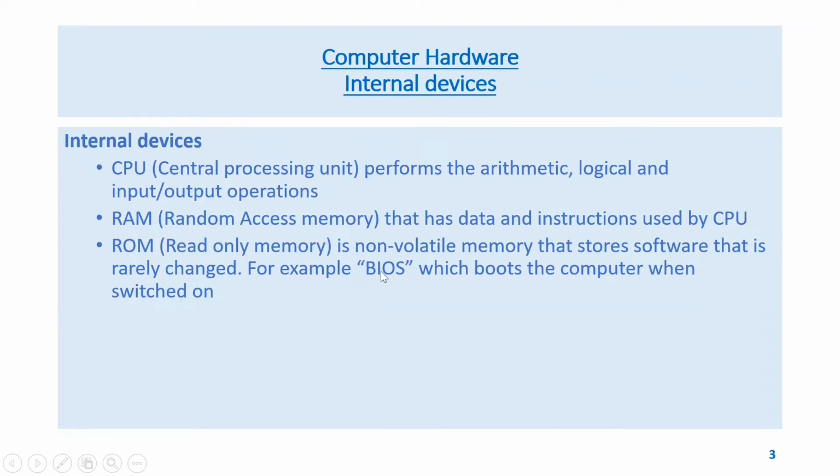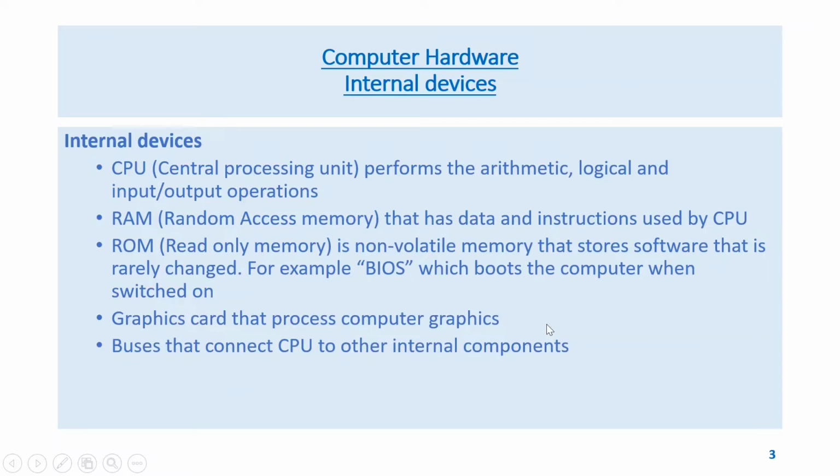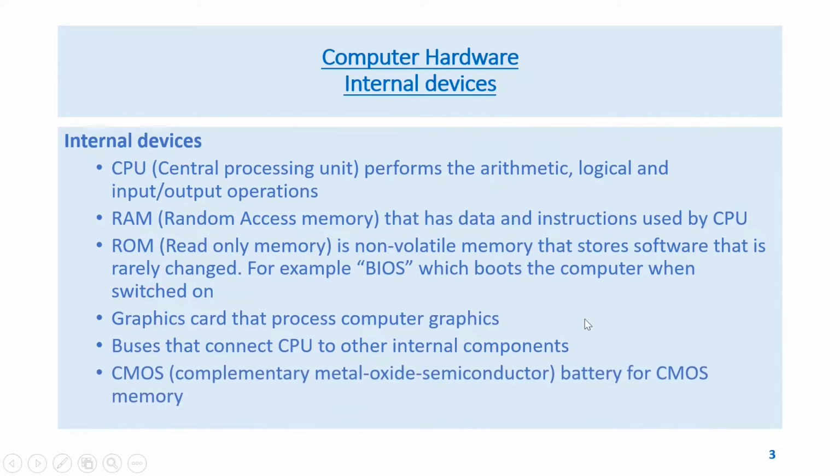For example, BIOS, which boots the computer when switched on. Graphics card, that processes computer graphics. Buses, that connect the CPU to other internal components. CMOS, that is complementary metal oxide semiconductor battery for CMOS memory.